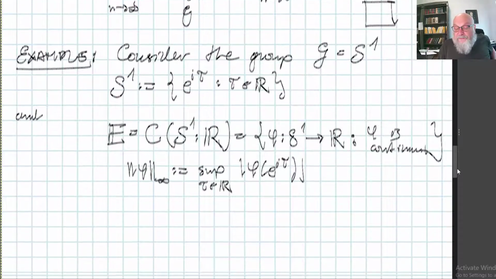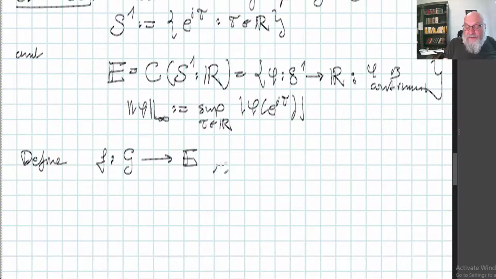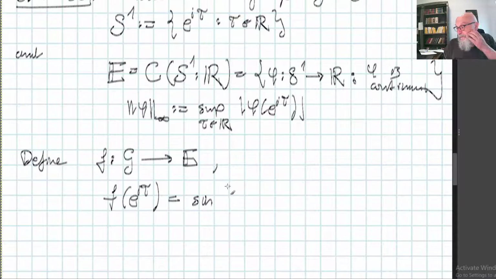So what is the function? We have the function, I put it like that, defined. F goes from our G, that means the circle, to E, and is defined as follows: F on e^{iτ} is equal to sine of τ plus t.